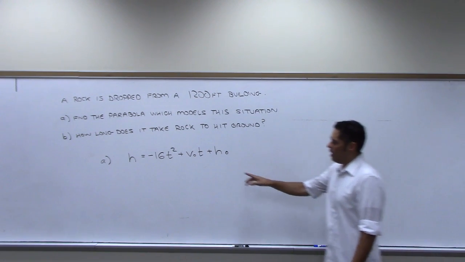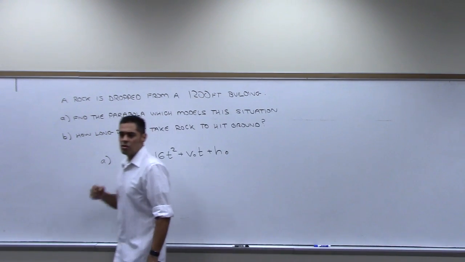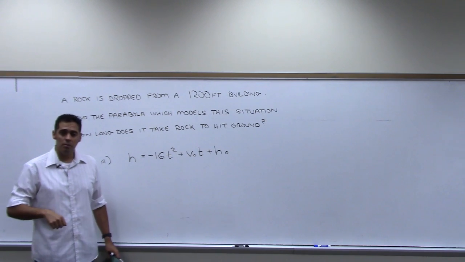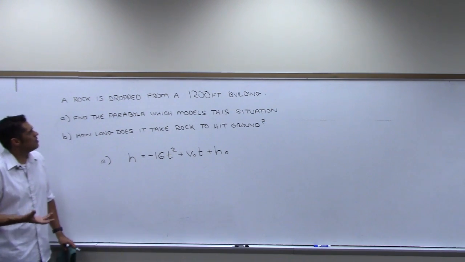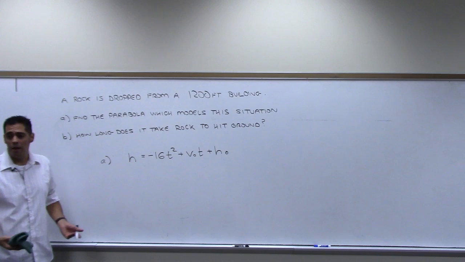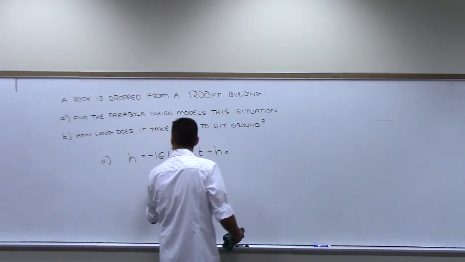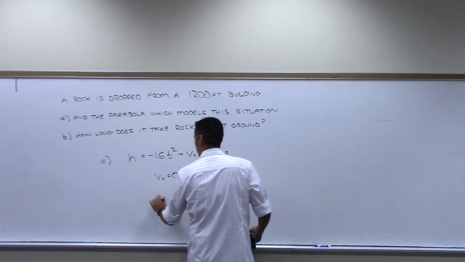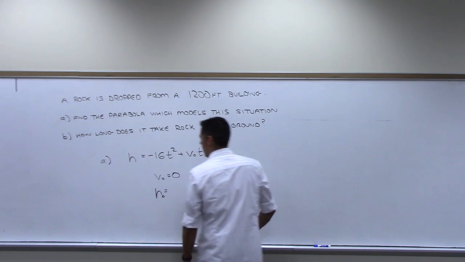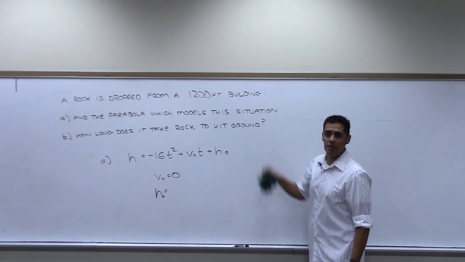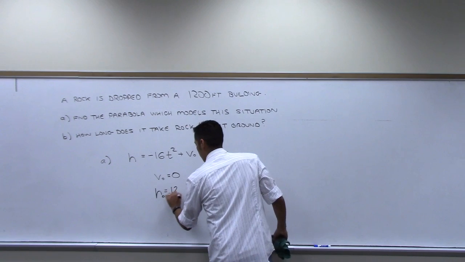So let's start with V naught. Was this rock given an initial speed? Was it thrown down or just let go? It appears it was just dropped, right? So V naught is what? 0. So V naught is 0. How about H naught? 1,200. It was 1,200 feet, right? So 1,200.